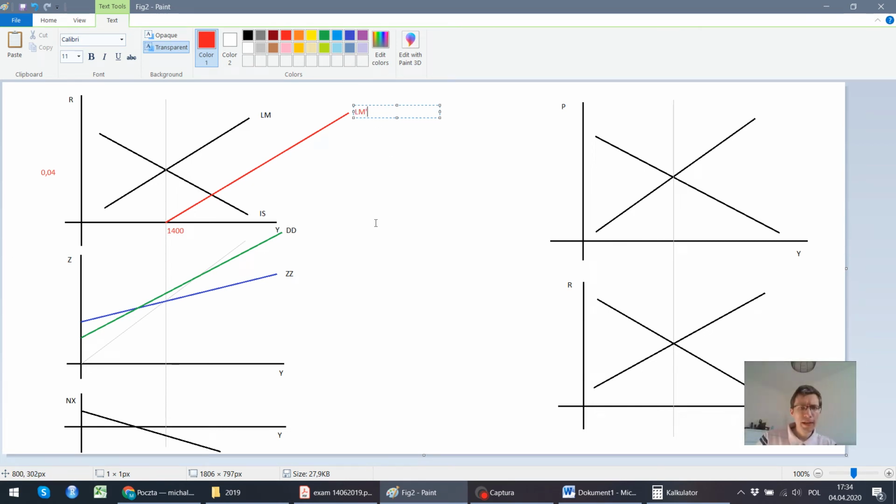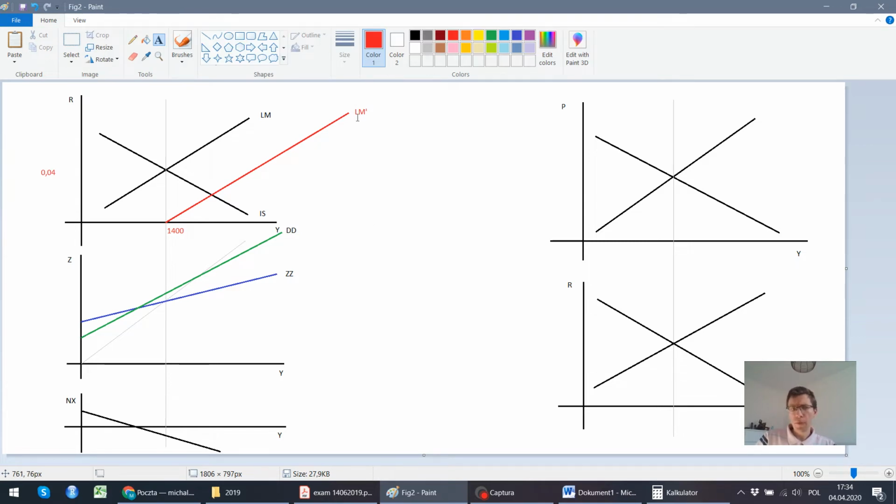Okay, cool. So what happens to the IS curve? Well, the IS curve is also changing its location because we have fiscal contraction and it should be parallel. So we have the IS prime curve somewhere here.